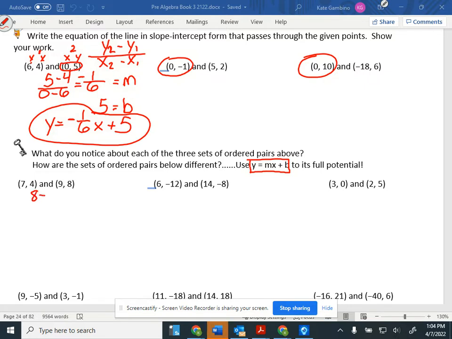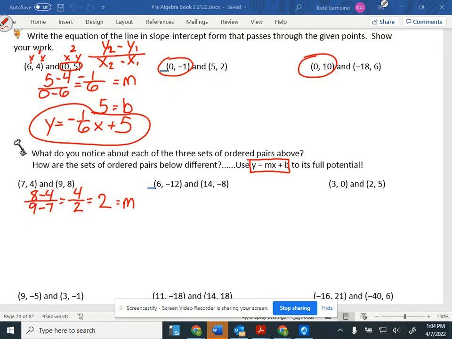So y2 minus y1, over x2 minus x1. So 8 minus 4 is 4. 9 minus 7 is 2. I'm going to simplify it. So 2 is my slope. It would be 2 over 1, so 2x.